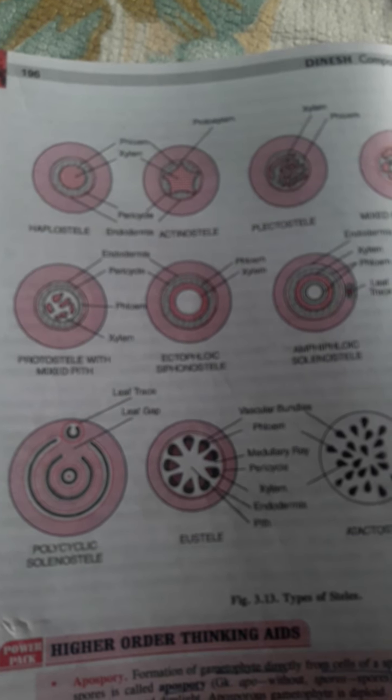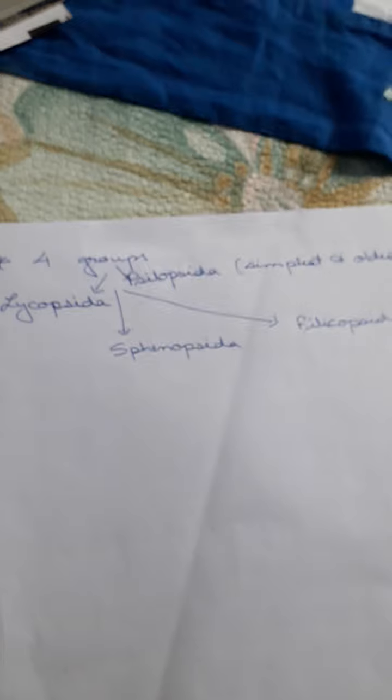Sometimes they are arranged in the form of plates, and these are known as plectostele. These are the different types of stellar organizations present in pteridophytes, and these structures are observed in pteridophytes only. So this is an important feature of the class Pteridophyta, where stellar arrangement is observed.